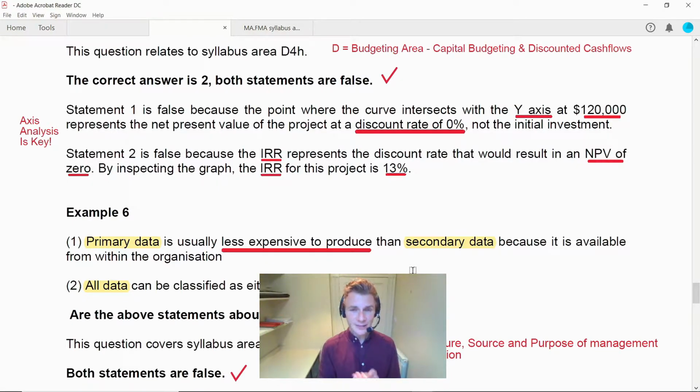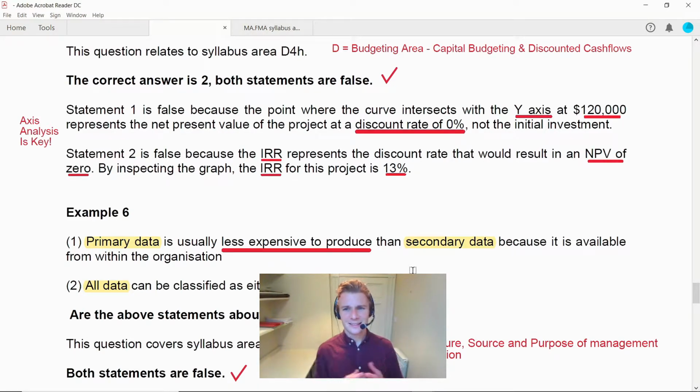Statement 1 is not right because on the y-axis, as we stated, it's got $120,000, the same figure, but at a discount rate of 0%. We're expecting an outcome of $120,000 because that's where the curve intersects.